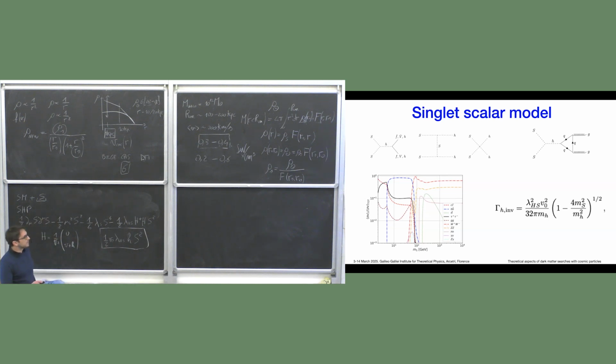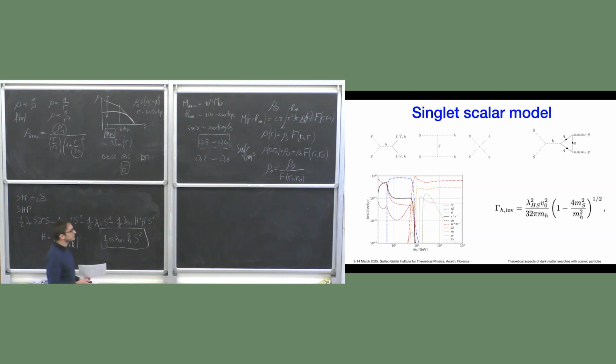The second very important advantage is that the branching ratios are all known because they come from the standard model, because the mediator here is the Higgs boson of the standard model, and we know very precisely how the Higgs boson generates the different standard model particles.